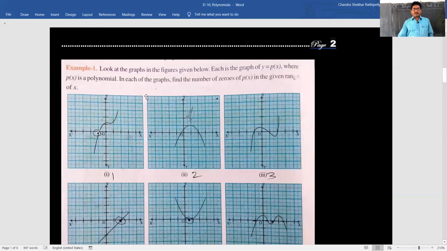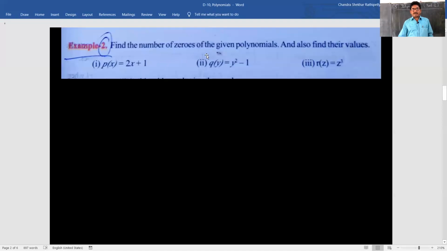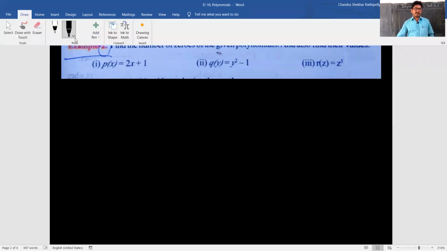Right, children. Next, find the number of zeros of the given polynomials and also find their values. So how to find the zeros of the polynomial?